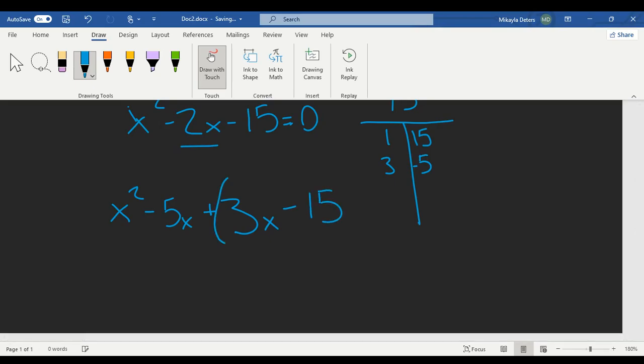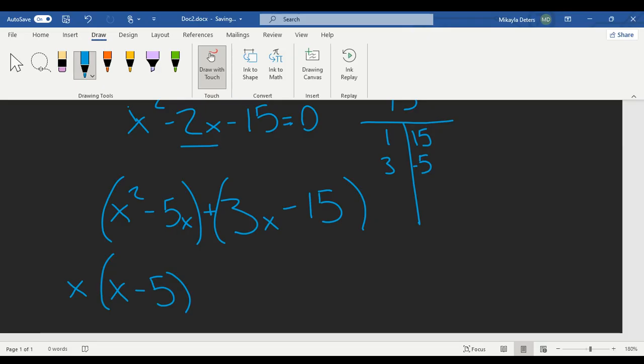And then from here we can group them off. And we know that our greatest common factor between x squared and negative 5x is going to be x. So we have x minus 5 on this side. And then we do the same for our opposite side, and we see that our greatest common factor is going to be 3.